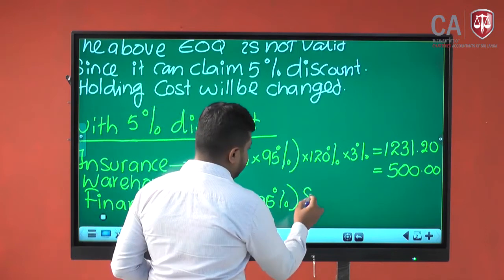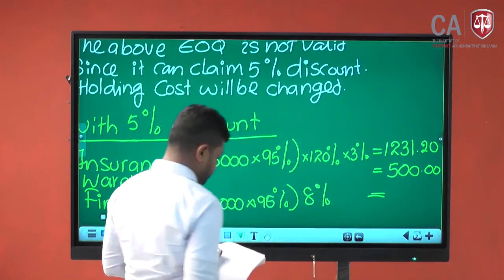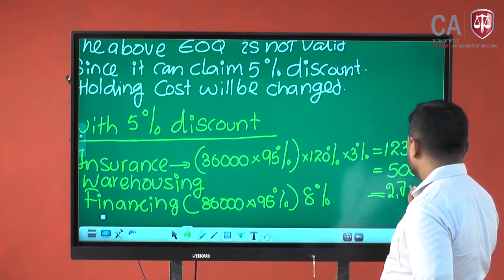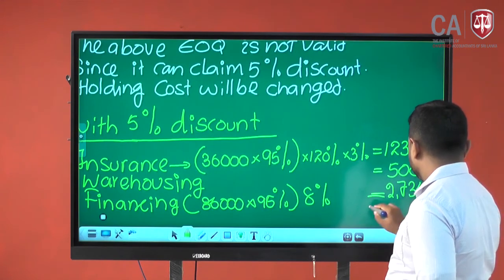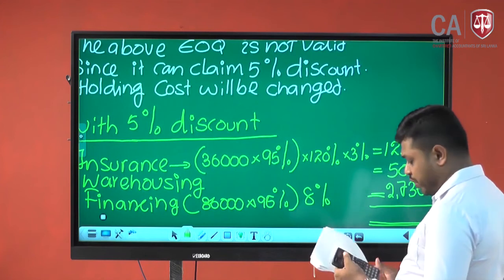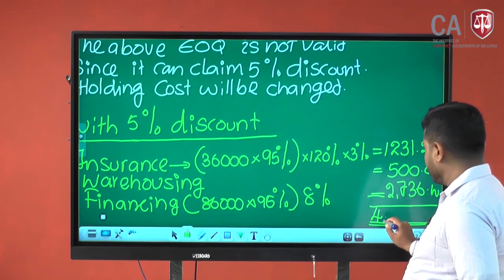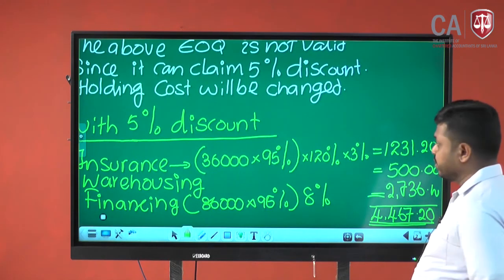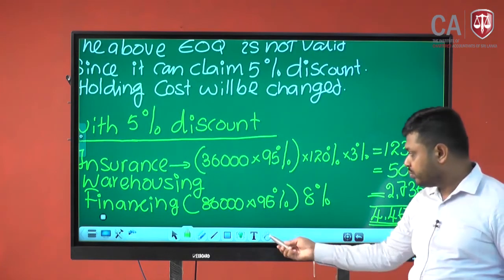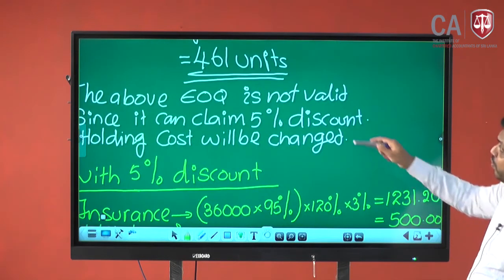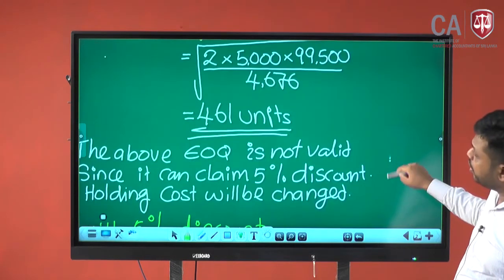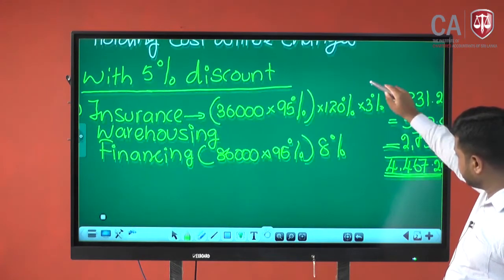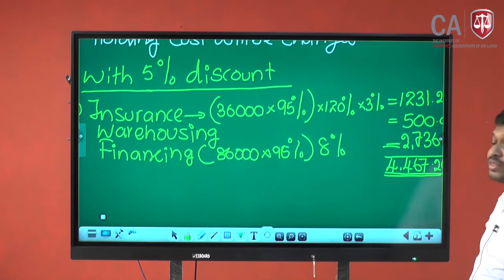You have to pay interest of 8%. The value is 2,736. Take the total. Total holding cost 4,467 rupees and 20 cents. This is the new holding cost. Previously it was 4,676. Now it has reduced to 4,467.